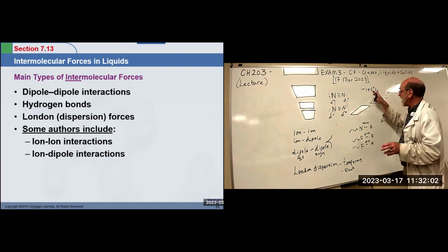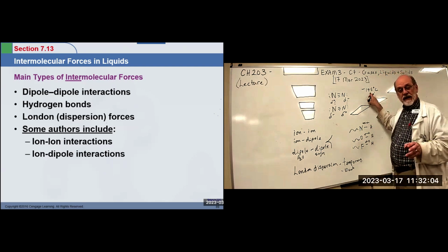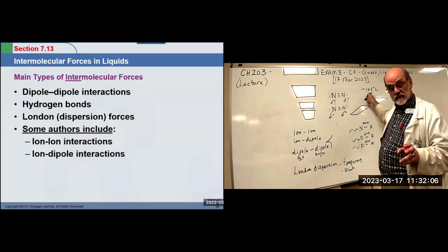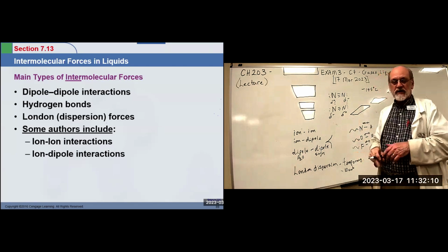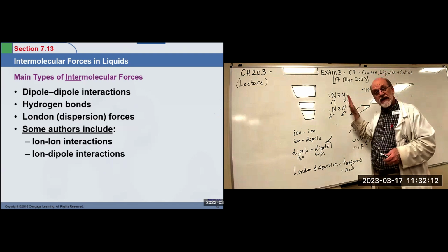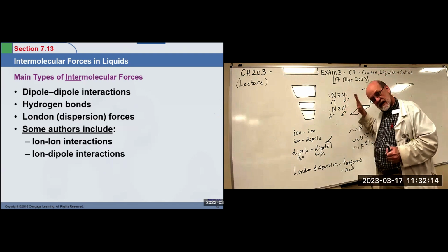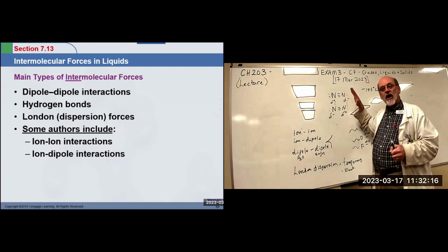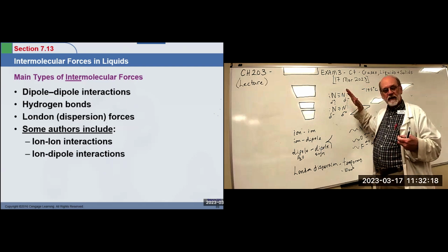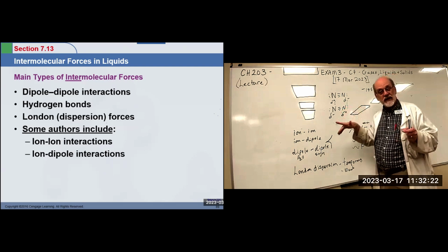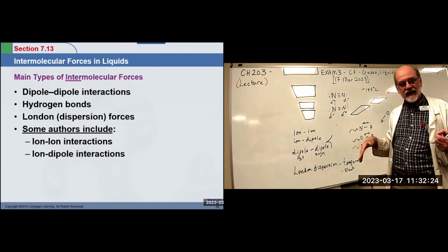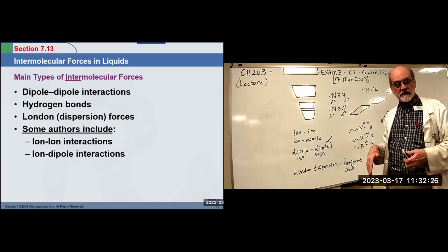That's why at 195 degrees Celsius below zero, we can turn that gas into a liquid, because now those very weak cohesive forces are strong enough to condense the gas into a liquid, because we have minimized the kinetic disruptive forces.